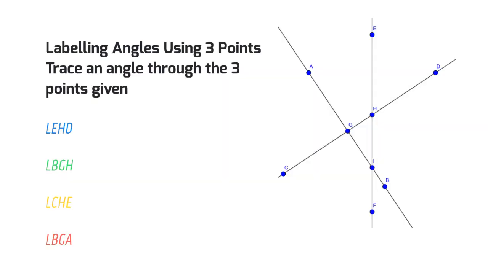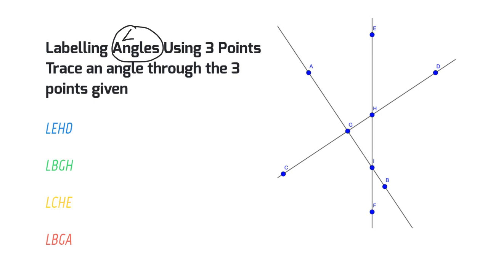A really common way to label an angle is to use the 3 points that it sits in between. The symbol for angle is this sideways looking L. So anytime you see this symbol, this means angle. So below, it's asking us to find 4 different angles.